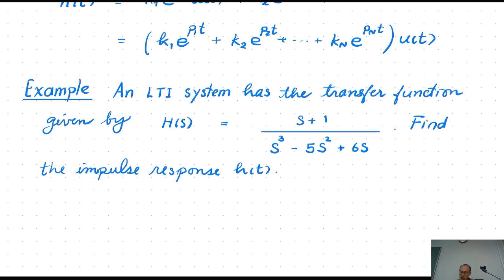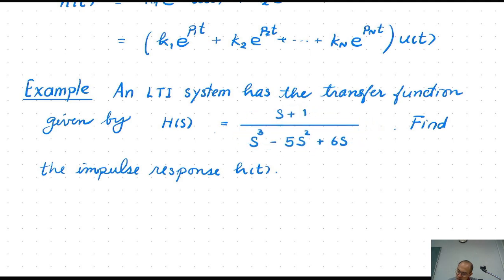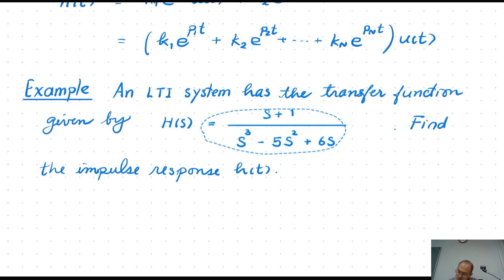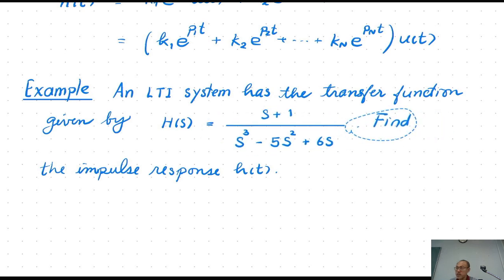Now, the question gives us the transfer function of the system. We know that the impulse response and the transfer function are related. The transfer function is the Laplace transform of the impulse response. So, given the transfer function, we can find the impulse response by taking the inverse Laplace transform of the transfer function. Right.